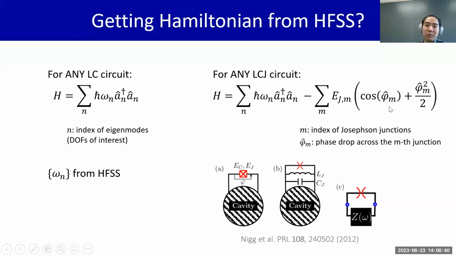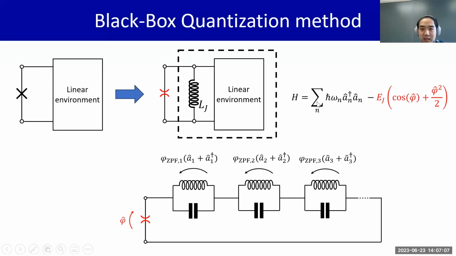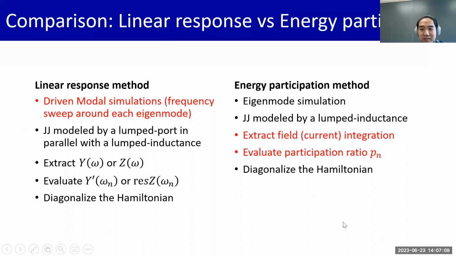So basically, the job when you have more than one junction is to write down the participation of each junction in all the modes, and we decompose phi m, where m stands for the number of junctions. We want to decompose phi across every junction in terms of the sum of operators of each eigenmode. That can also be done with either the linear response or energy participation.